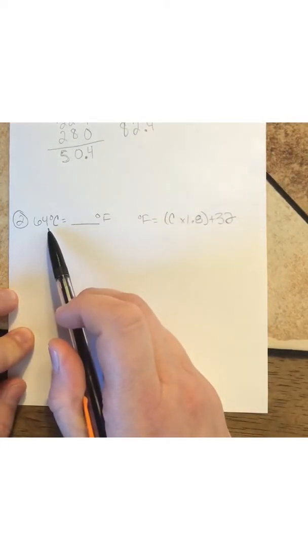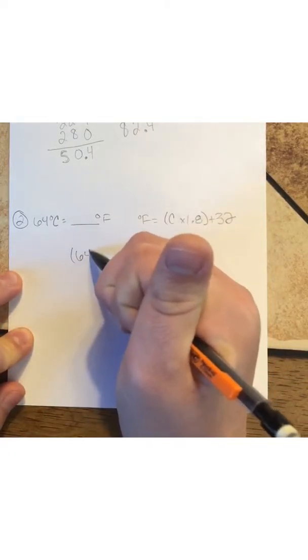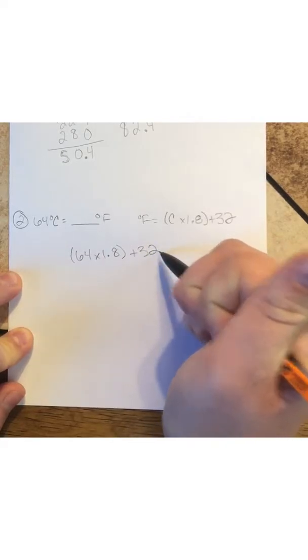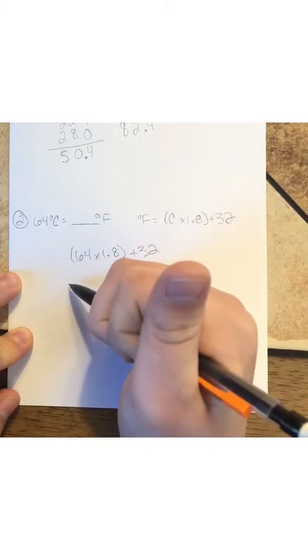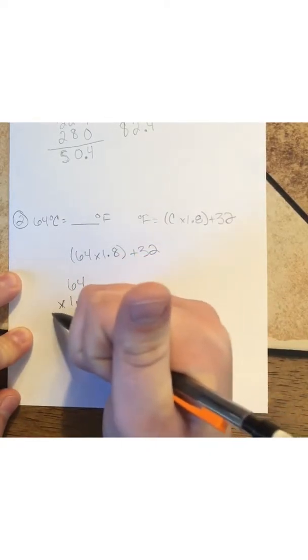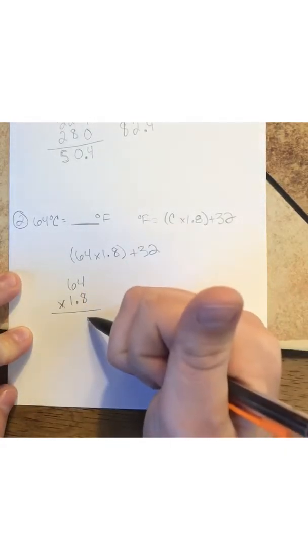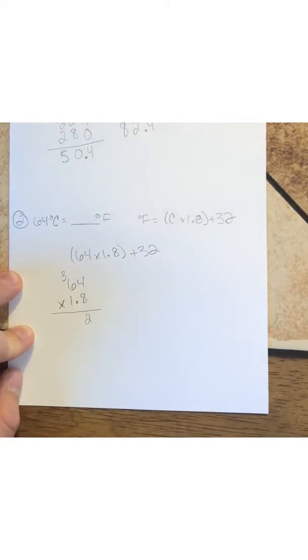Now we have 64 degrees Celsius. I'm going to plug it into the equation: 64 times 1.8 plus 32. So first, let's do 64 times 1.8. Eight times 4 is 32. 8 times 6 is 48, plus 3 is 51.